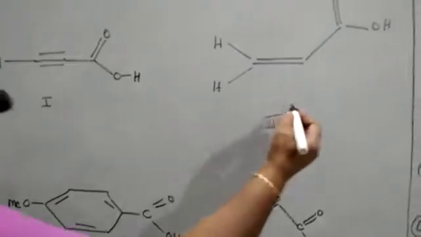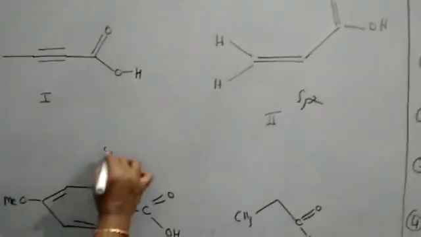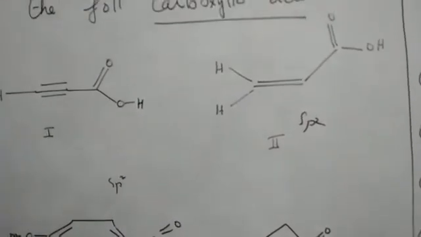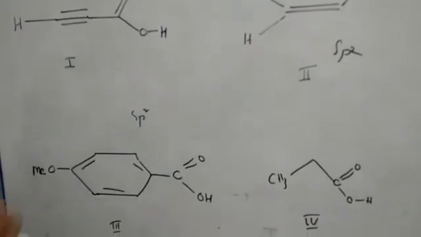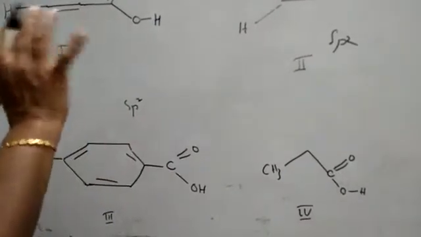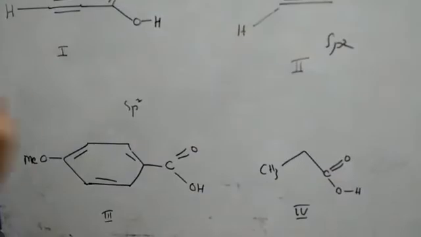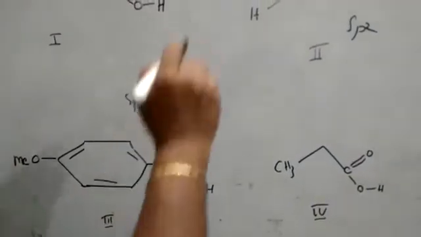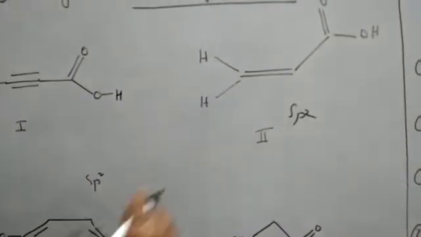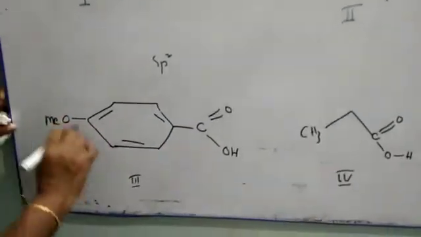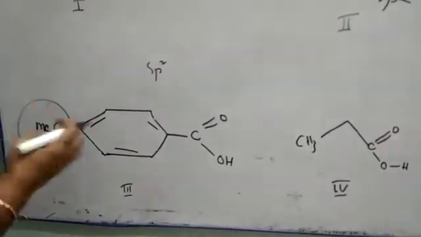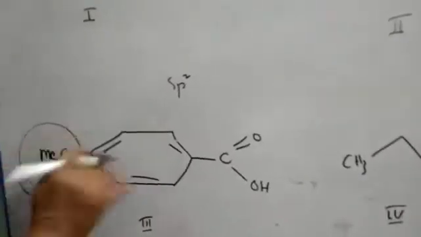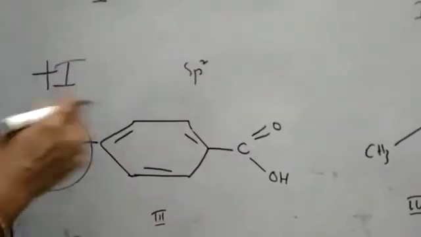Okay, now come and see. You have to focus now on 2 and 3. As I already told you, this is also sp2, and this is also sp2. Since it is benzoic acid, don't conclude that it is more acidic. The breaking point, the important point, is here. The methoxy group is electron releasing, that is the plus I effect.